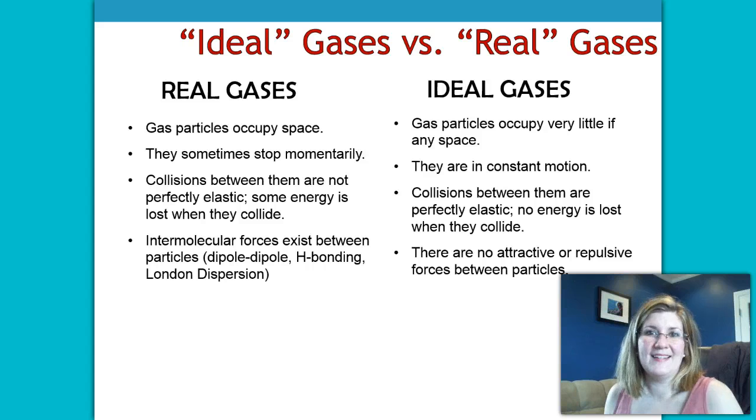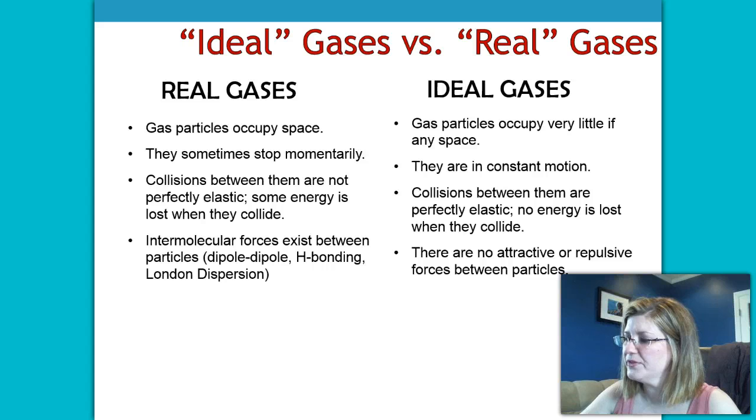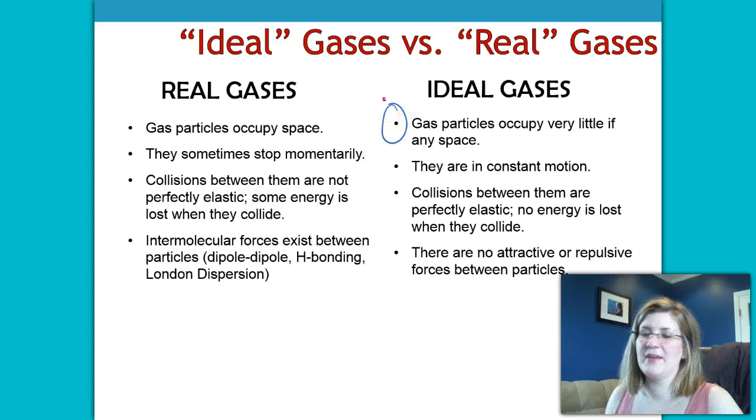Same thing here. Gases are gases, right? Nobody's squabbling that. They're not solids, they're not liquids. However, there are some properties of them that we do assume when we study gas laws that are not necessarily the case in real life. The first of which is that gases occupy very little, if any, space.